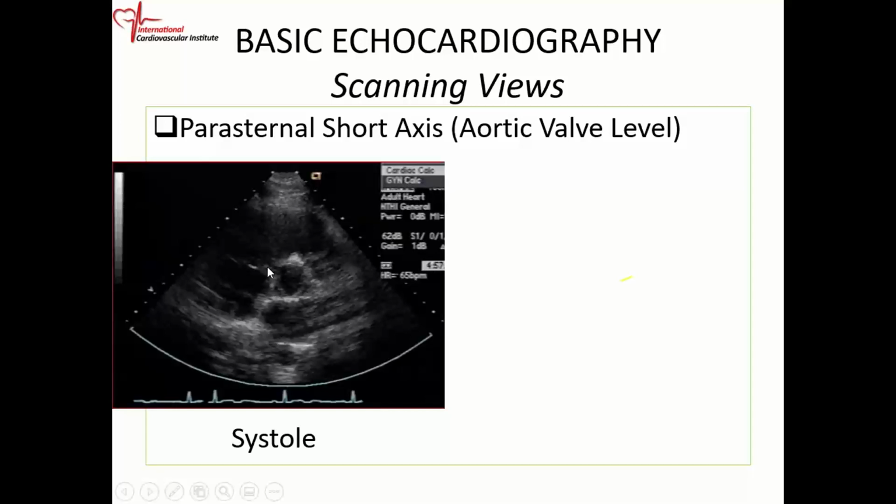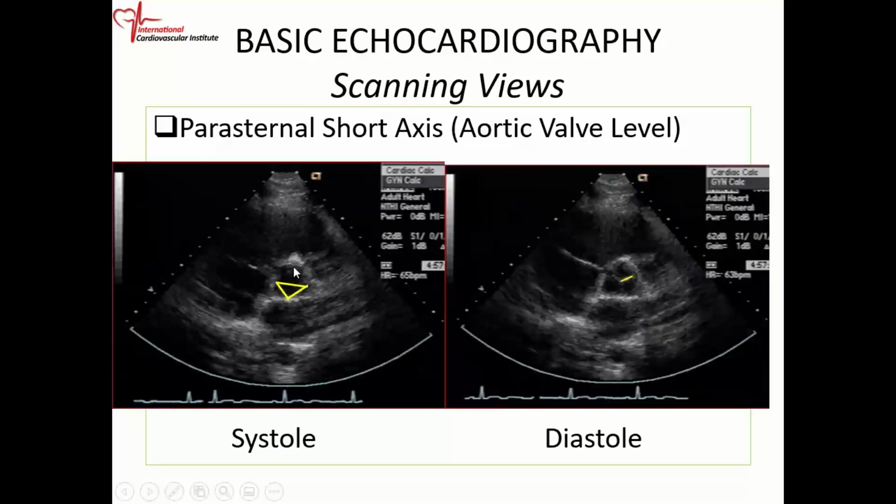Anyway, this is the aorta, and the aortic valve opens. This is a systolic frame. Systole is from the onset of the QRS to the end of the T wave. So anything that comes inside here is a systolic frame. The marker is right there, so it's a systolic frame.